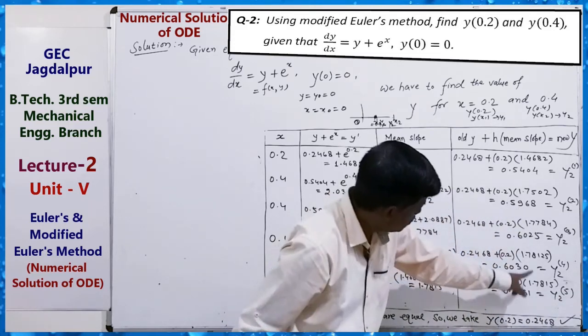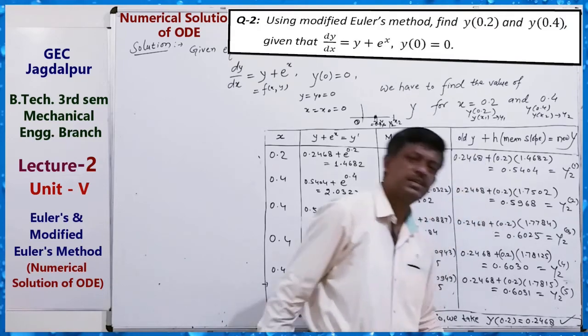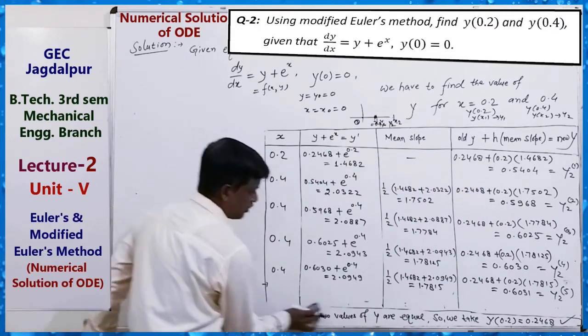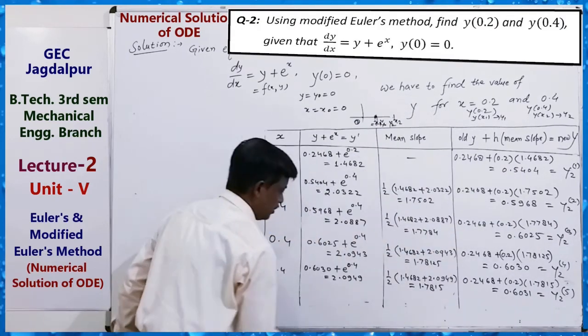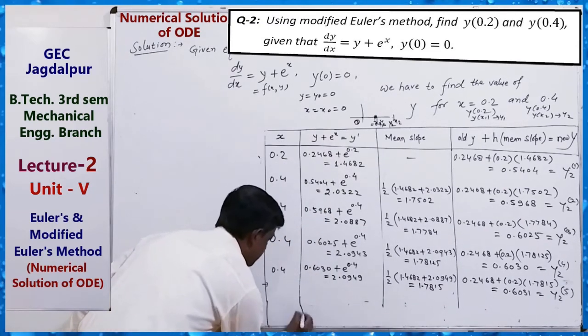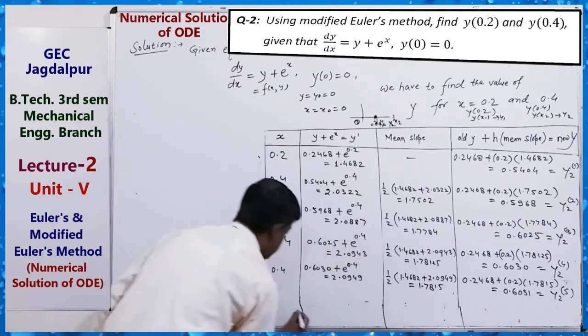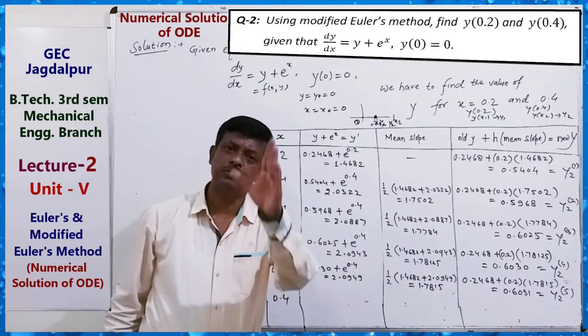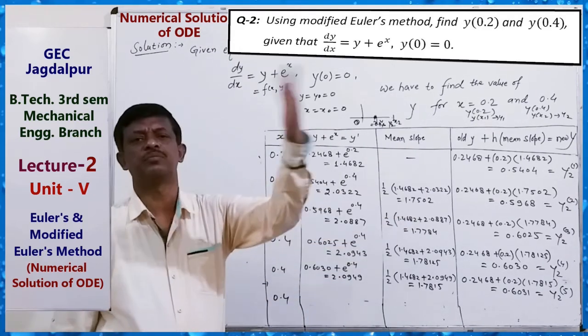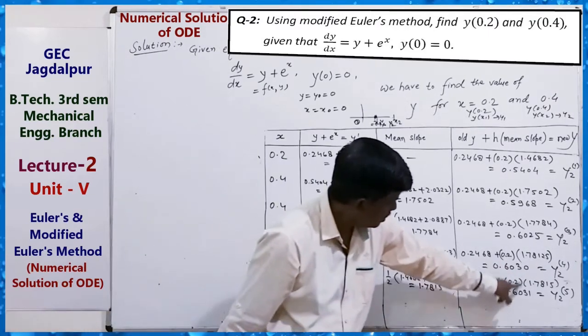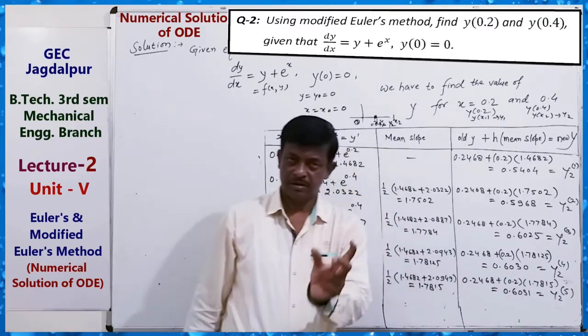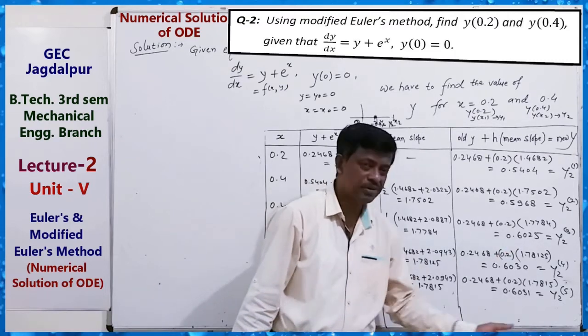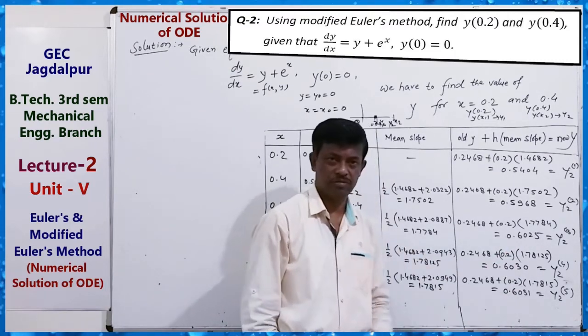Now 0.6030, 0.6031, and once again, okay, so calculate. We can carry over this process by using the modified formula, the same process up to the stage where we reach the desired accuracy of decimal places, same value for same value.